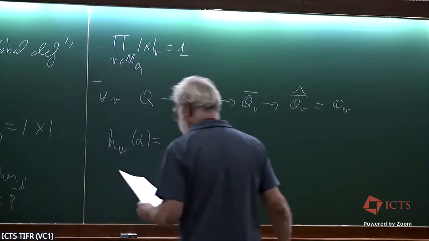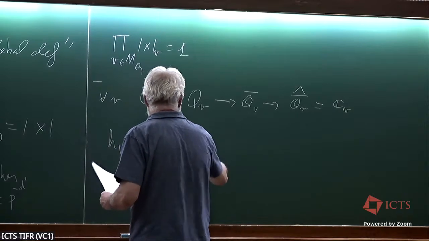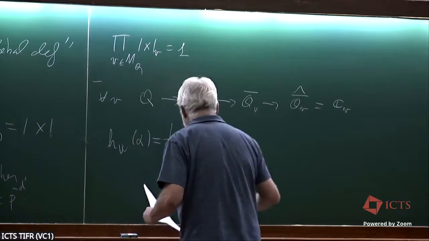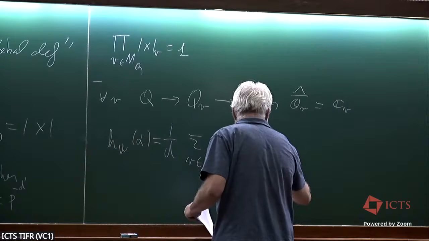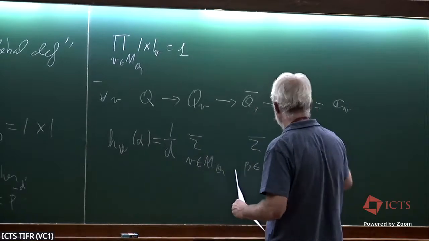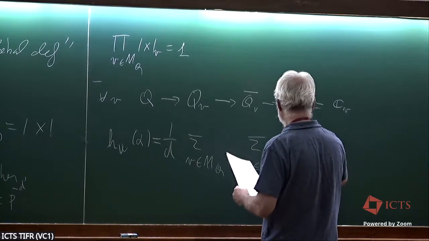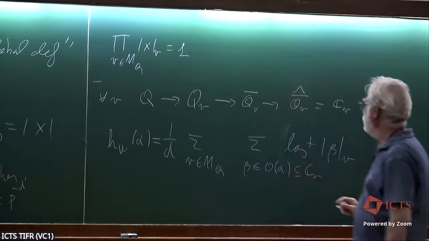This will be just the sum 1 over d, and then the sum for all b inside the places of Q, and then the sum for all beta inside the orbit of alpha inside C_b of the log max of 1 and the absolute value of beta, the b-adic absolute value.